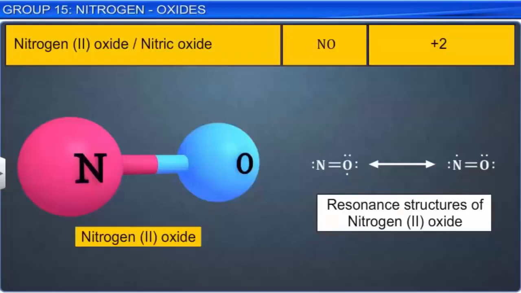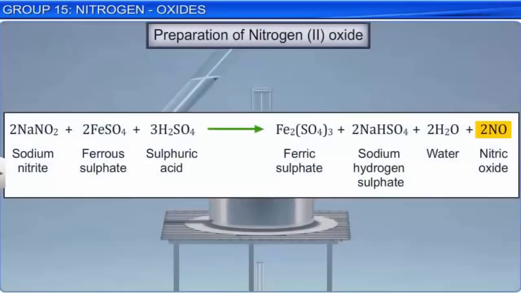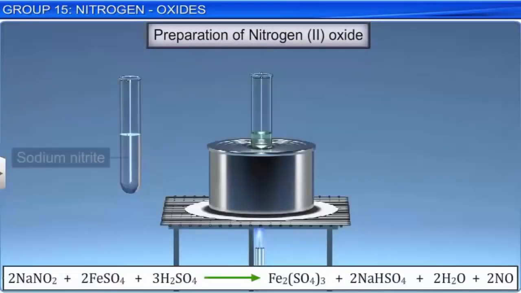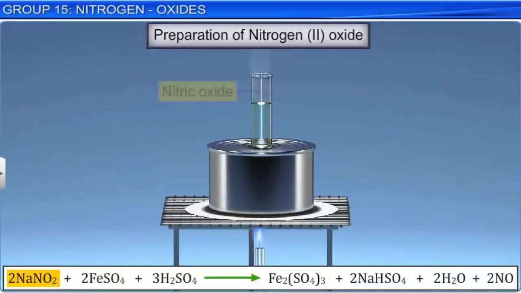Nitrogen 2 oxide, also called nitrogen monoxide or nitric oxide, is prepared by the reduction of nitrite salt with ferrous sulfate. In this method, an acidified ferrous sulfate solution is warmed with a concentrated solution of sodium nitrite to get a pure sample of nitric oxide.